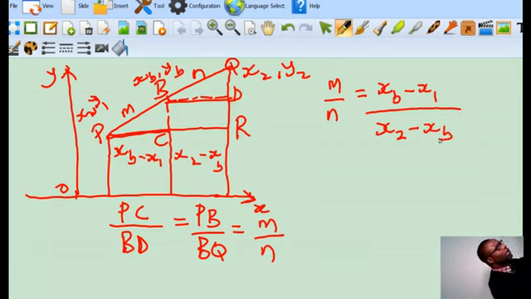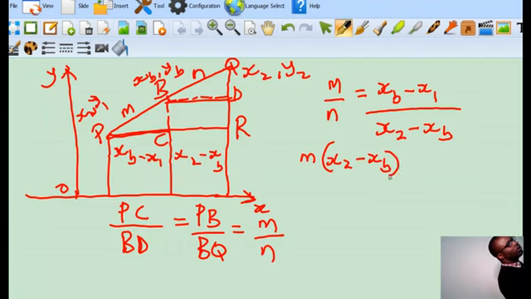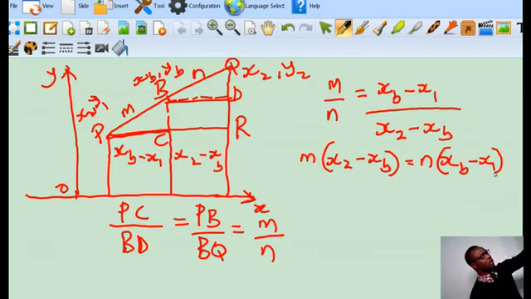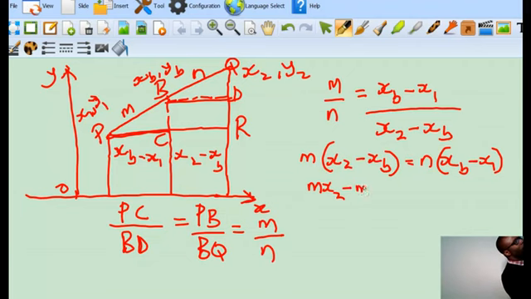If you cross multiply this, you have m into bracket x2 minus xb equals n into bracket xb minus x1. Now, if you have this, you can open the bracket and have m x2 minus m xb equals n xb minus n x1.